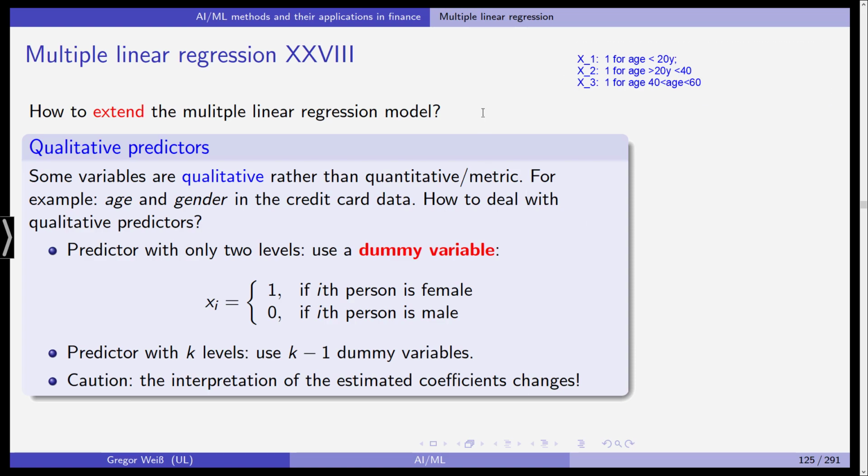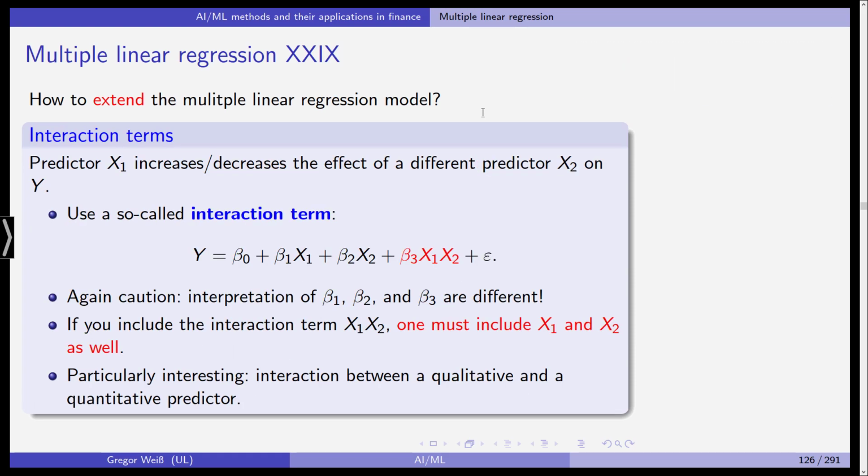Okay. Now this is a qualitative predictor. How can we extend the multiple linear regression model even further? By including so-called interaction terms. For example, imagine predictor x1 increases or decreases the effect of a different predictor x2 on our response. To measure this synergy effect, as it's called in marketing, we can use a so-called interaction term.